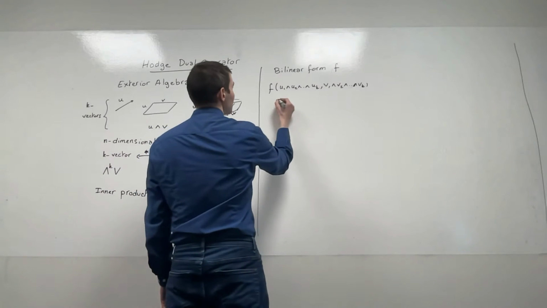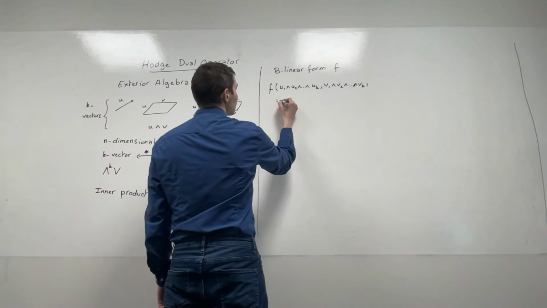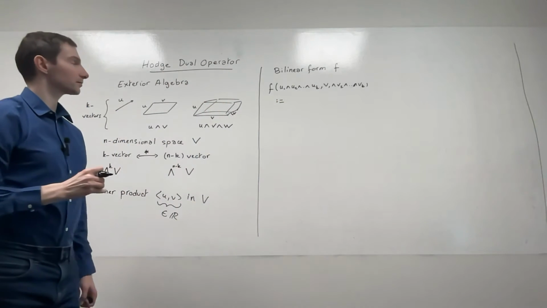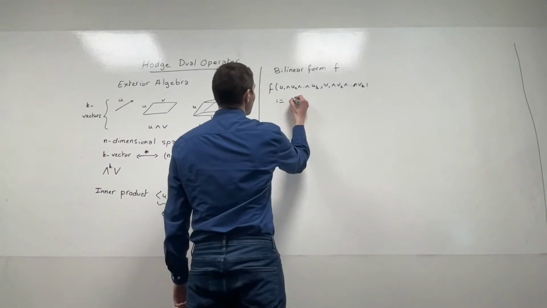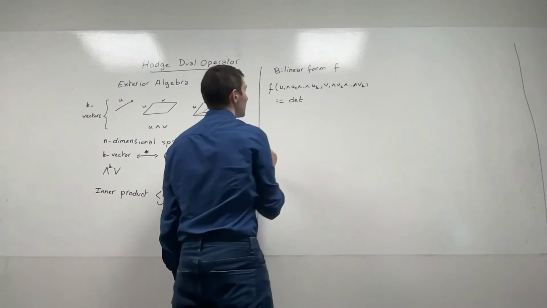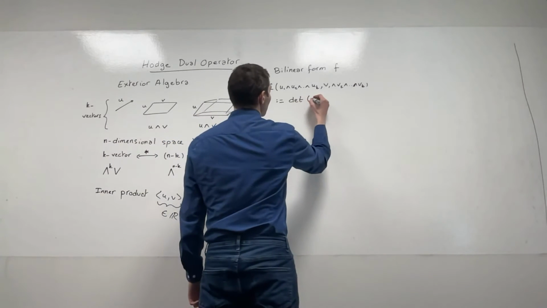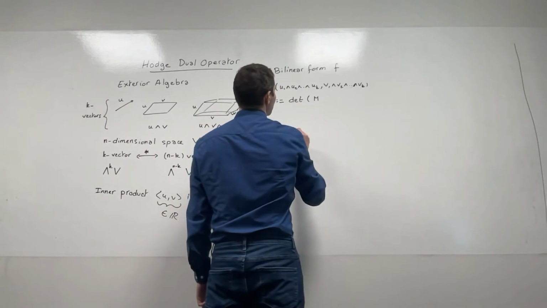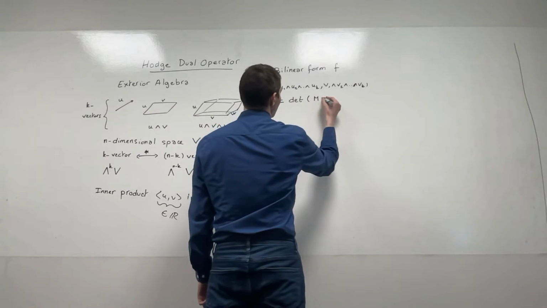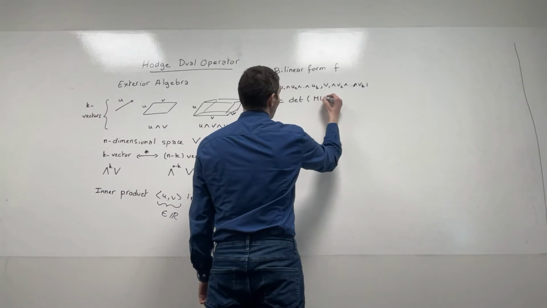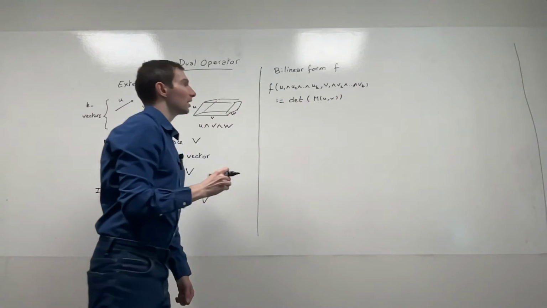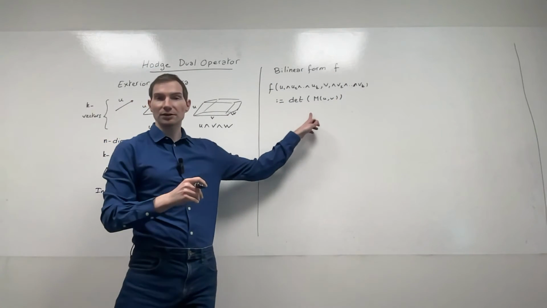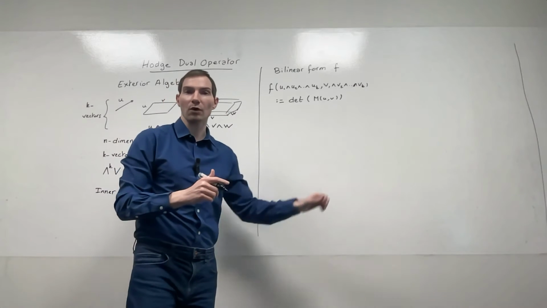And by definition, this is equal to the determinant of the matrix M. And if you will, you can write M of U and V. Of course, this is not very informative because I didn't tell you what M was.